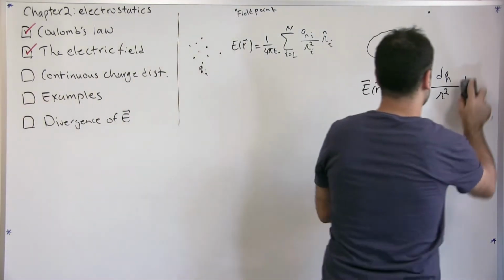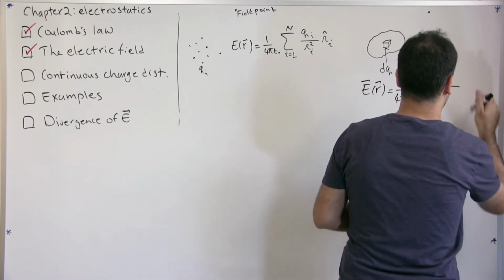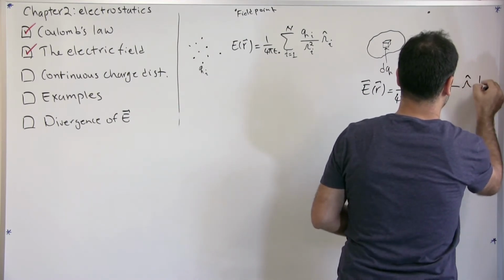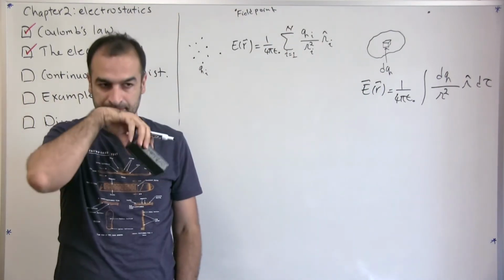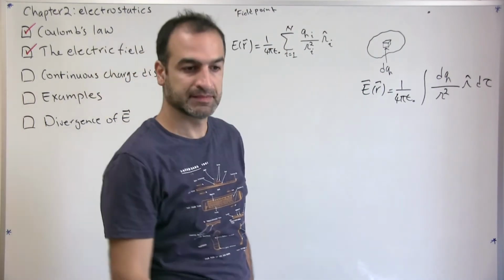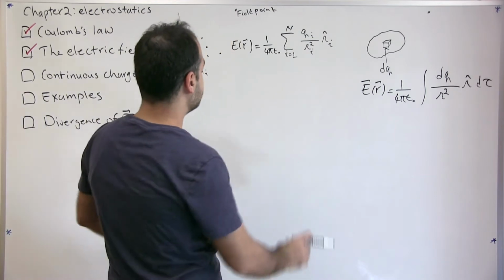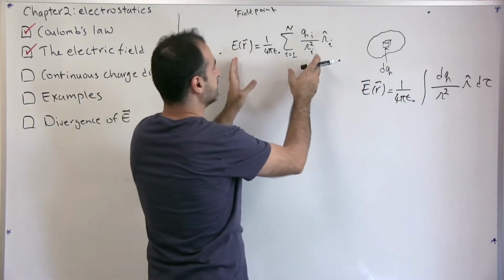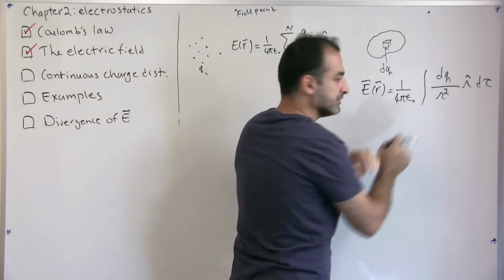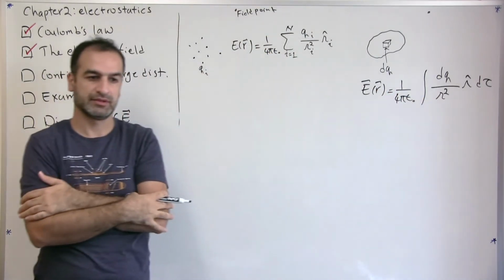And then of course we have R hat here as well. Sounds good? So these are mathematically exactly the same thing. This is in the discrete regime and this is in the continuous regime, okay?